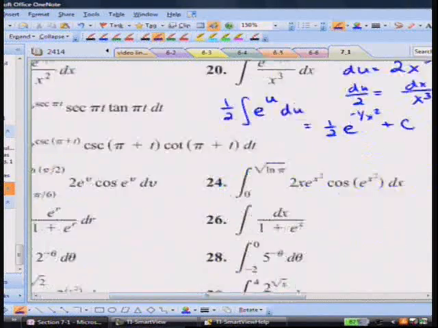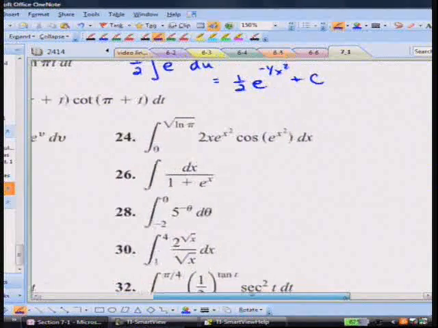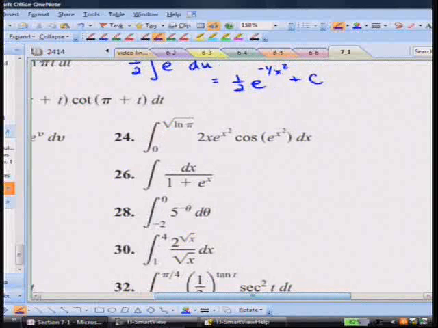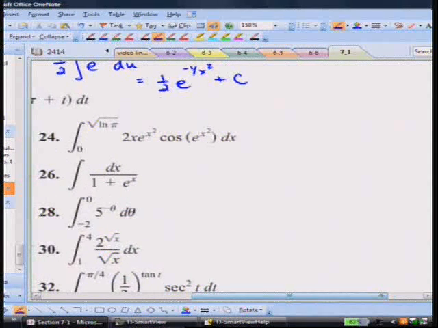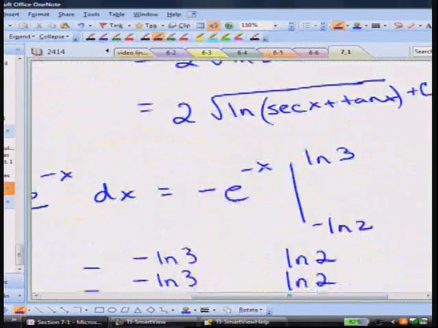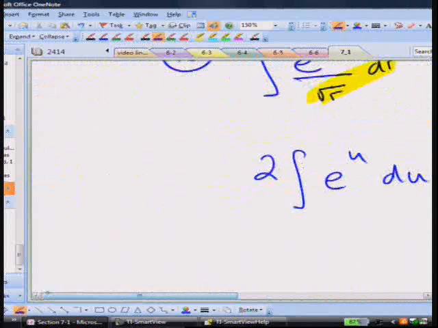Number 24. That one looks exciting, doesn't it? Anybody got a plan on number 24? What could we do with that? I'll write it down here, so I have room. So number 24.